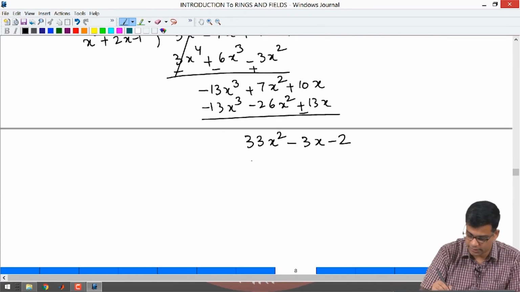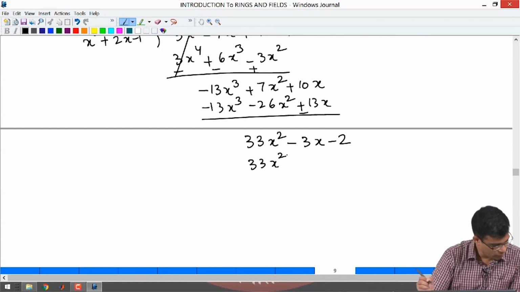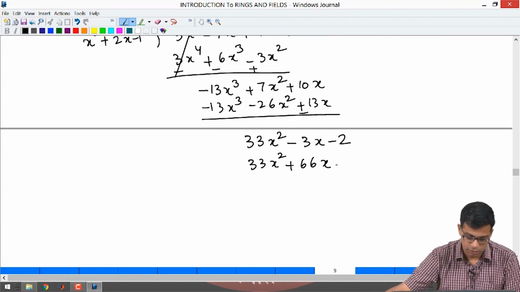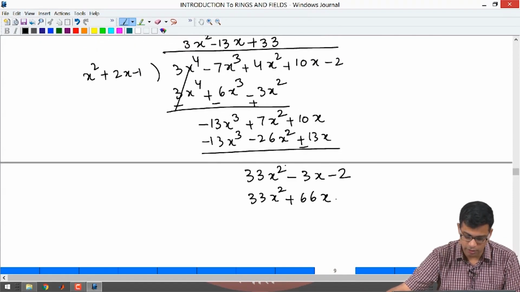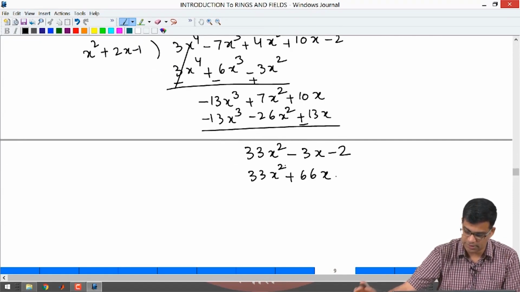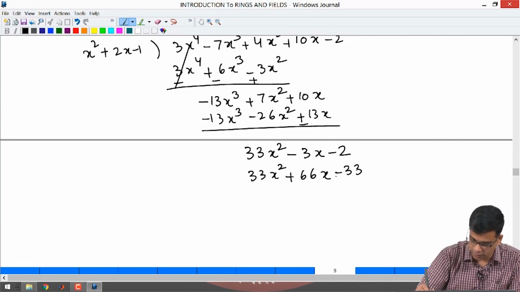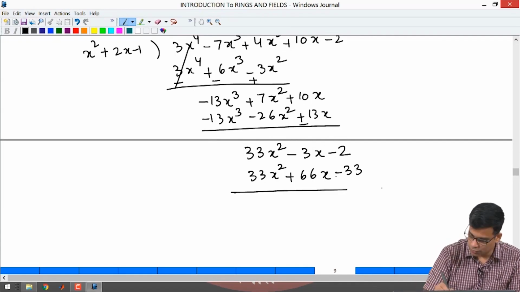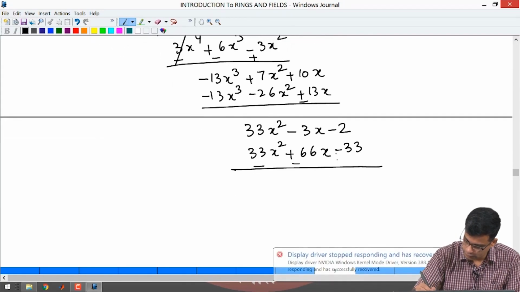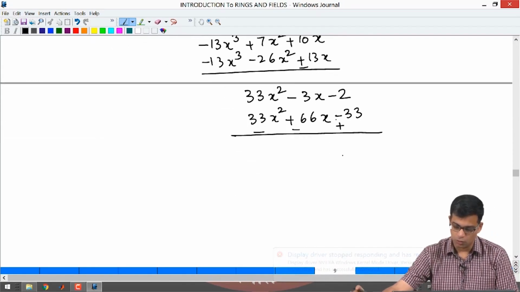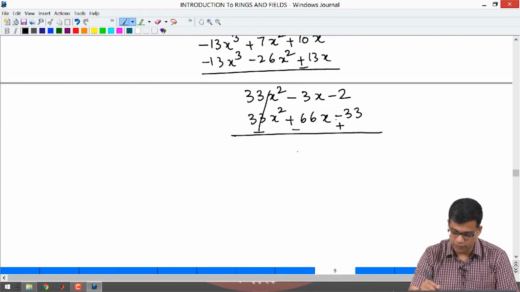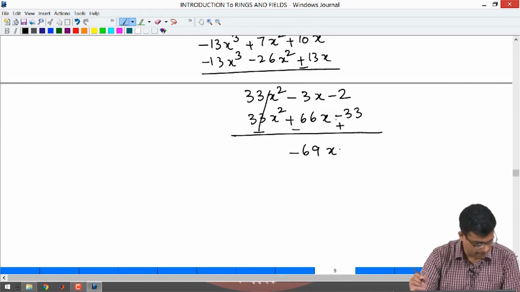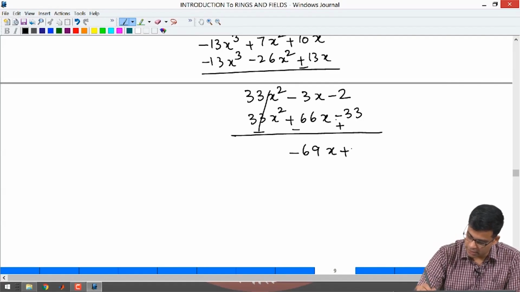You get 33x squared plus 66x minus 33. Okay. Then you subtract again. This minus minus is plus. So, this will cancel, and what you have is minus 69x plus 31.